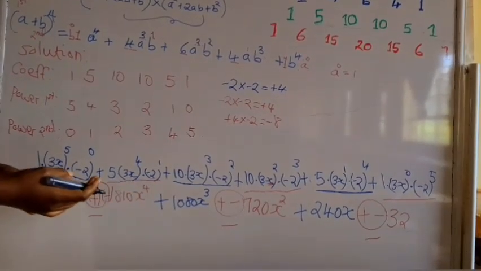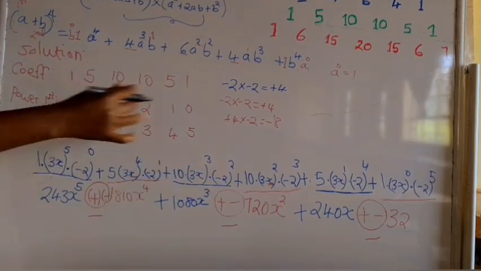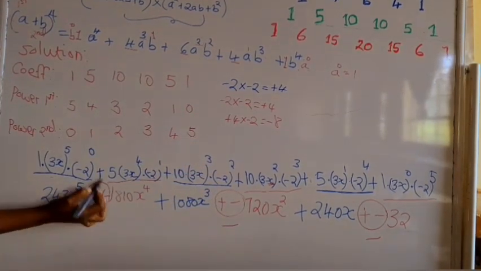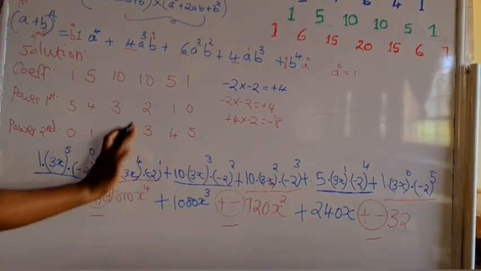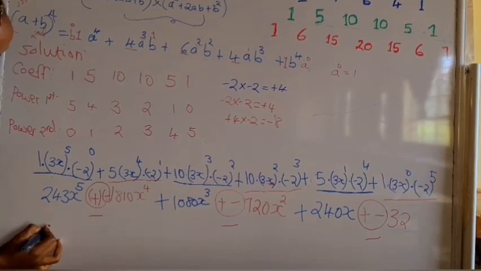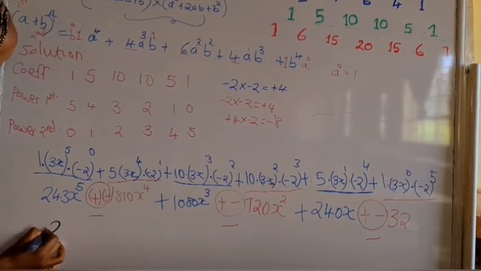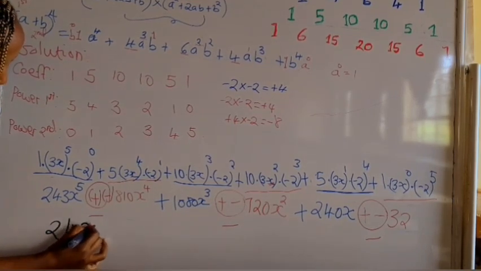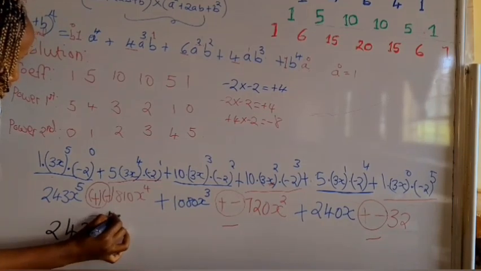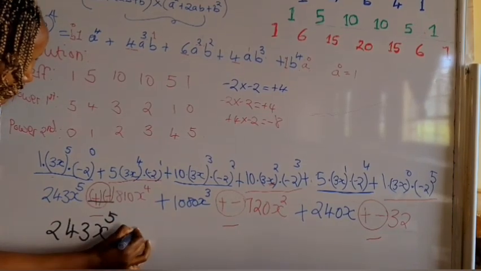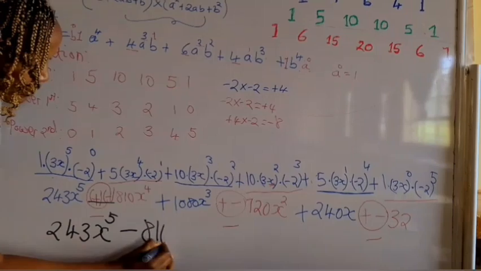So the required expansion will be like this. So we are now considering the sign to complete our expansion. So we have 243x power 5. The whole of this stuff becomes negative 810x power 4.